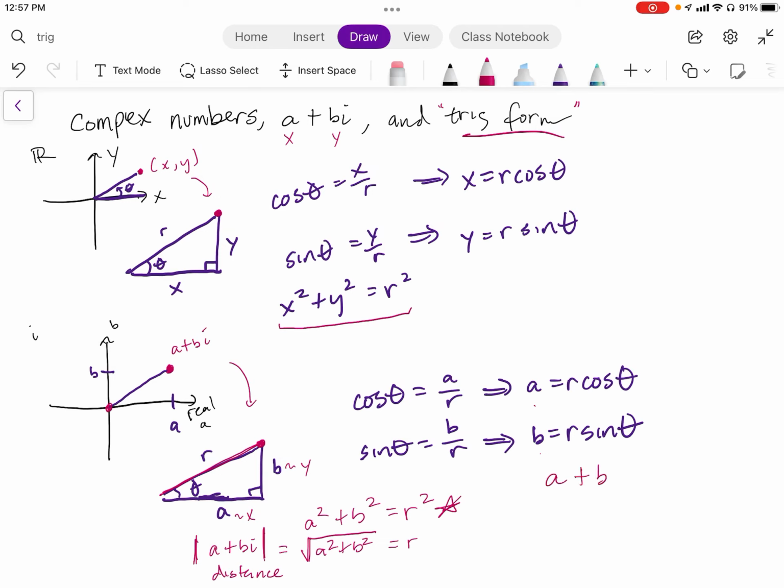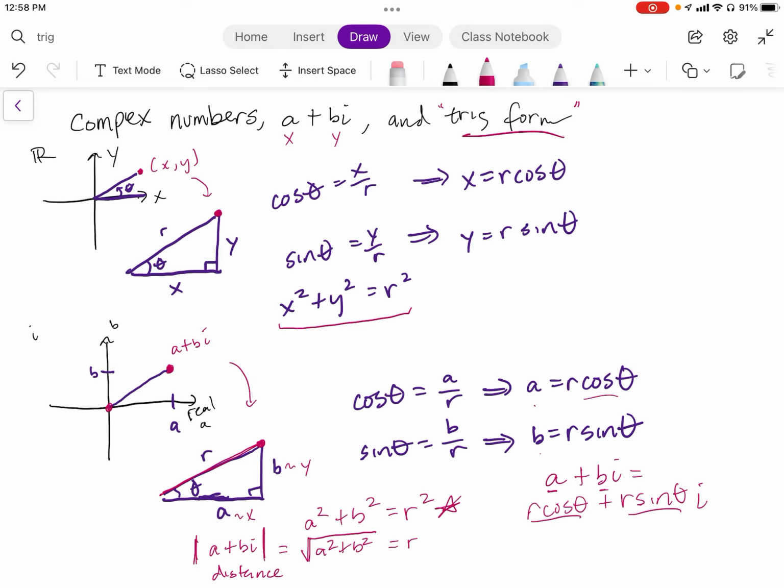A plus BI is equivalent to saying R cosine theta is A, R cosine theta plus, I made that substitution, R sine theta for B, and then I still have this I. These two notations are equivalent, it's just different forms.